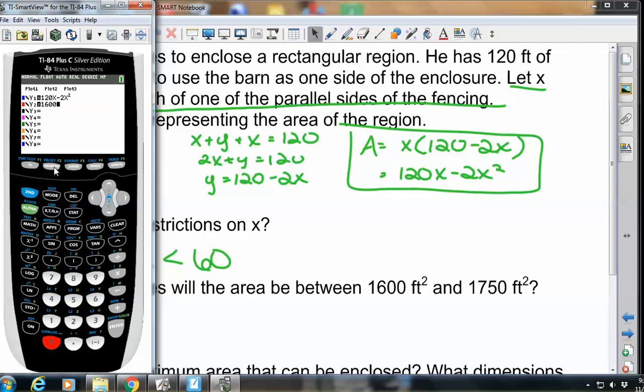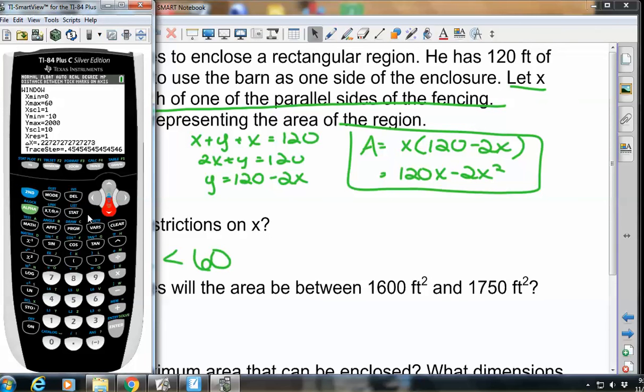Now, we have to adjust some things, so let's go to our window. We've already said that x has to be something between 0 and 60, so we could use those for the x-min and x-max if we wanted. My y, it needs to go all the way up. I'm trying to find out when it's 1,600, so maybe I'm just going to go to 2,000. The y SCL is what you're counting by.